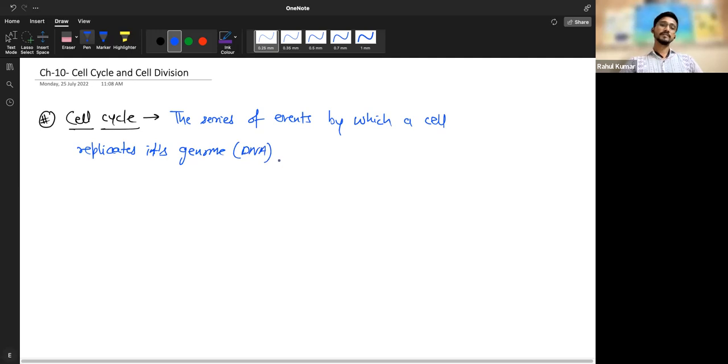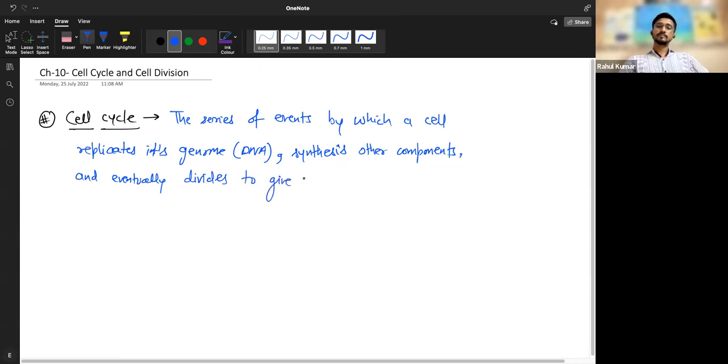So we make the copy of the DNA, synthesize other components, like mitochondria, organelles, ribosomes, etc., and eventually divides to give rise to two daughter cells.